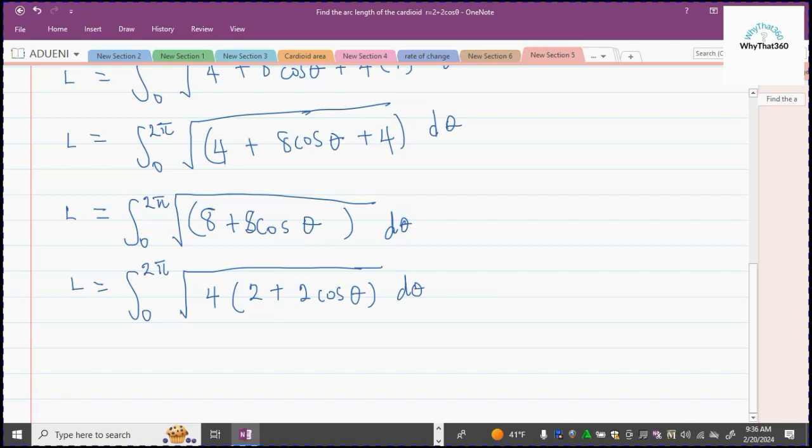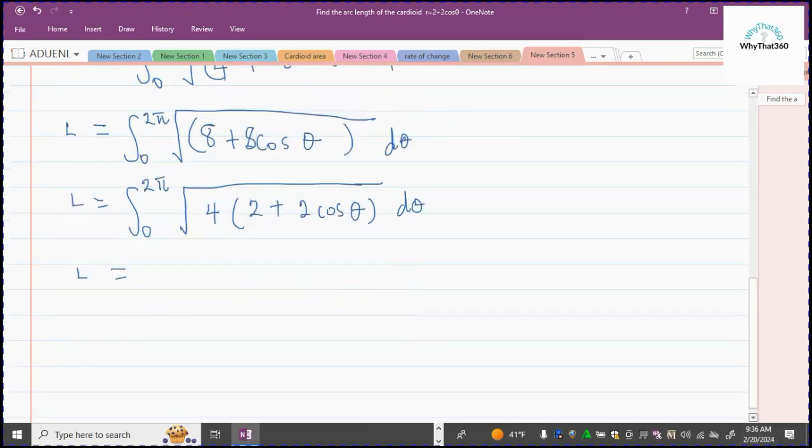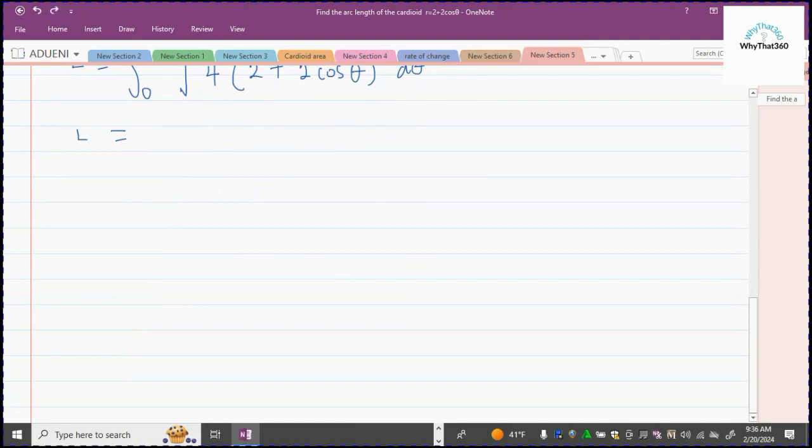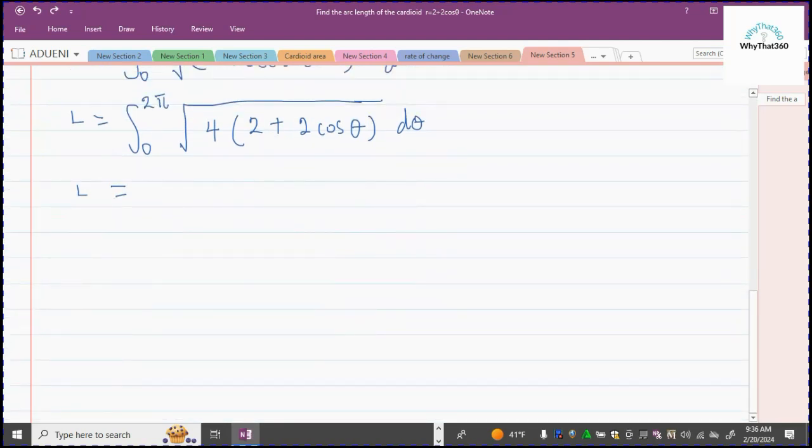So if we are to continue, we will get L, which is equal to, then we can bring root 4 out, which will be something like this: the integral from 0 to 2 pi of root 4 multiplying the root of 2 plus 2 cos theta, all of this d theta.